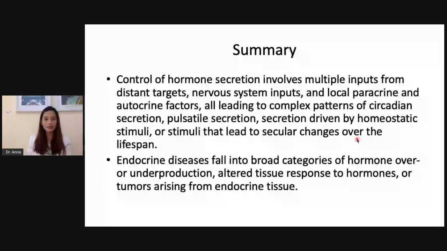Endocrine diseases fall into broad categories of hormone over- or underproduction, altered tissue response to hormones such as hormone resistance, or tumors arising from endocrine tissue. We discussed that in depth, I think in part 2.